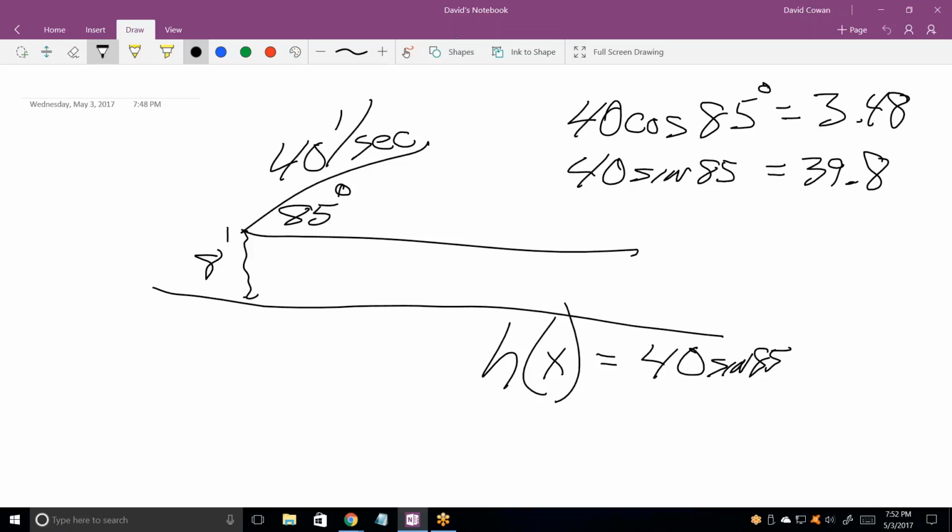Do you have your equations for the vertical? In other words, I believe the vertical, since we're in feet per second, it's minus 16 t squared plus 40 sine of 85 degrees plus its initial height.